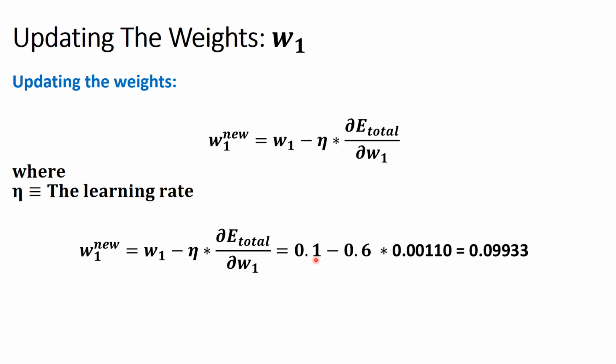The old value of W1 was 0.1, the learning rate is 0.6, and the gradient is 0.00110. This equals 0.09933, which means the new value for W1 is 0.09933.